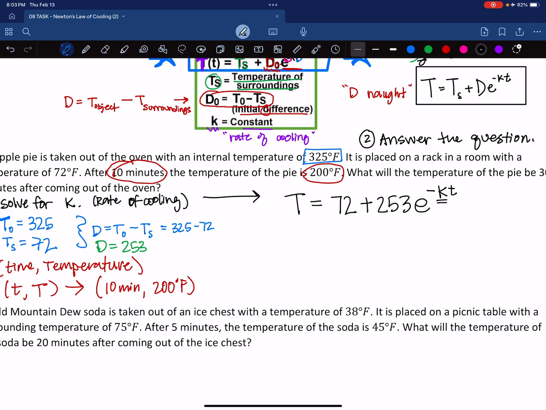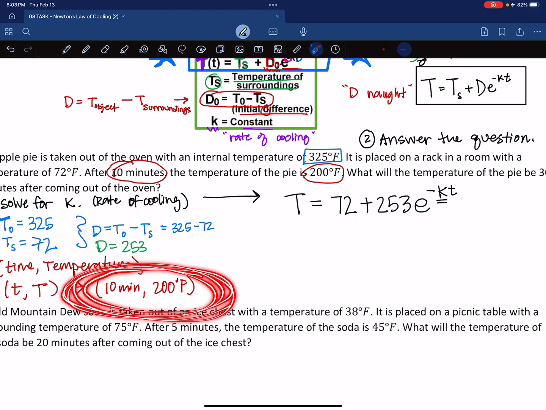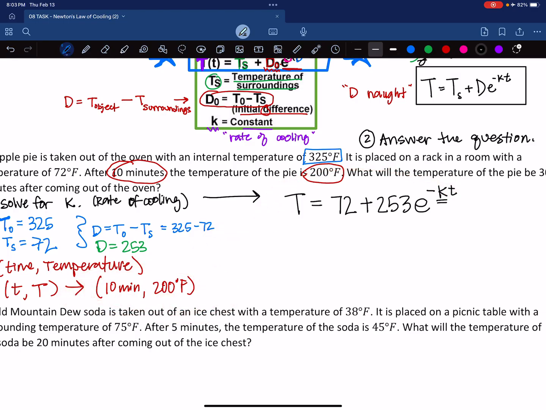So in order to solve, this is where we use our time, temperature. It's like an x or a y, right? We're going to plug those in to big T, little t respectively, solve, and then we've got our k value. Here's what this will look like: 200 equals 72 plus 253e to the negative k multiplied by 10.